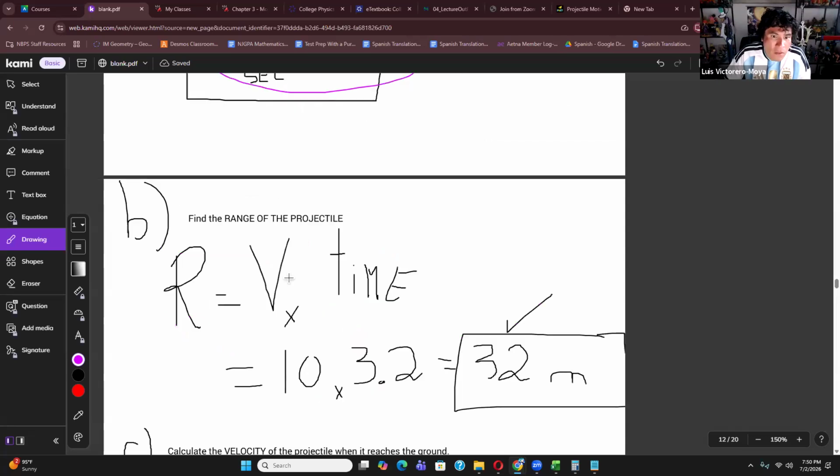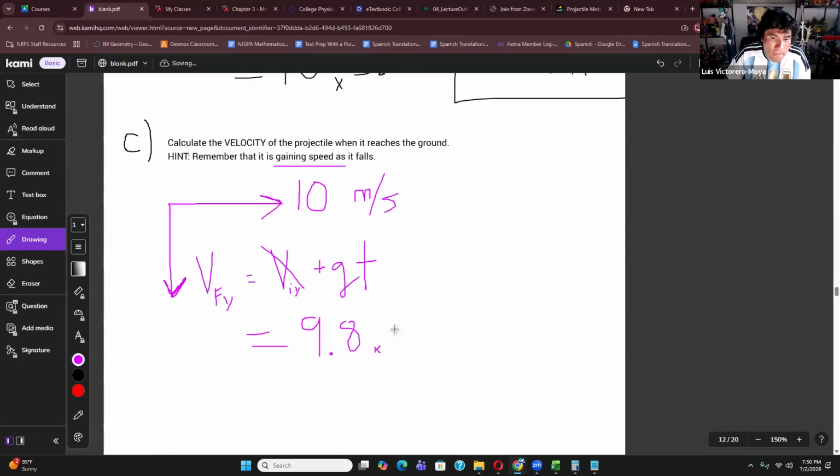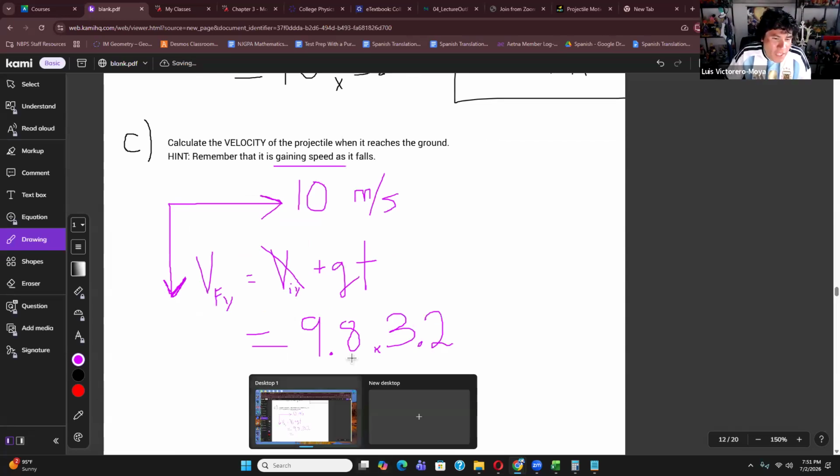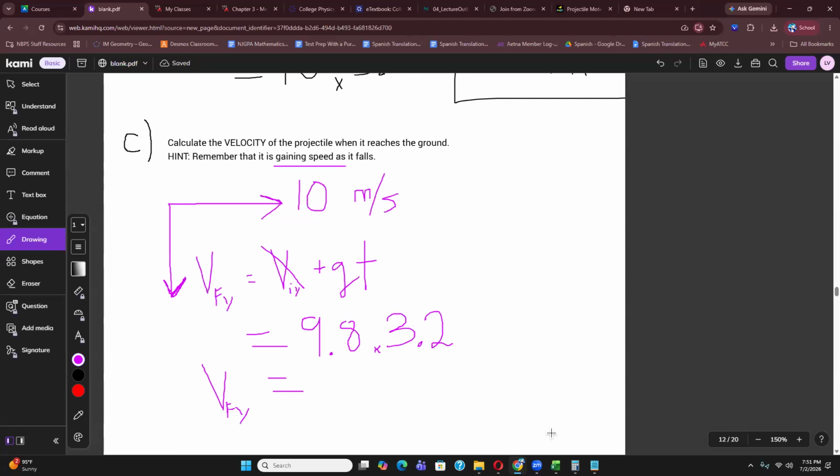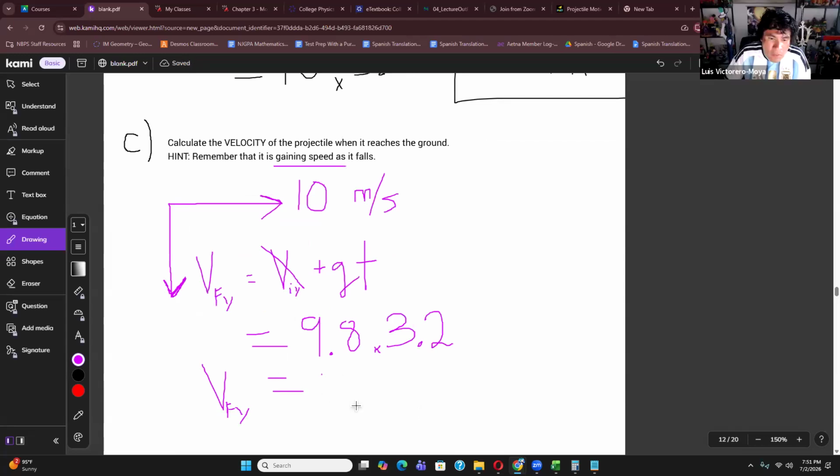Time is 3.2. That's like 31.36, so 31.4 meters per second.